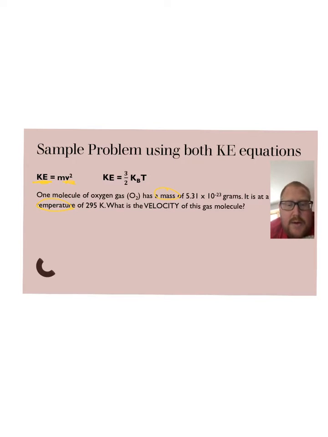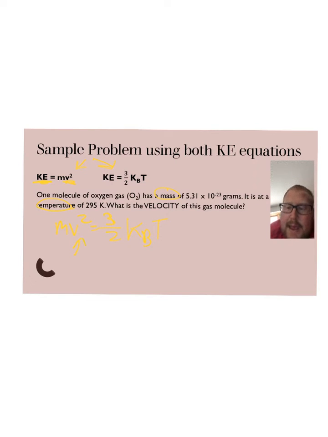Well, because both 1/2 mv squared and 3/2 kBT are equal to kinetic energy, that makes them equal to each other. So you can set 1/2 mv squared equal to 3/2 kBT. Sorry, that should be a lowercase b. Now we can solve for v.